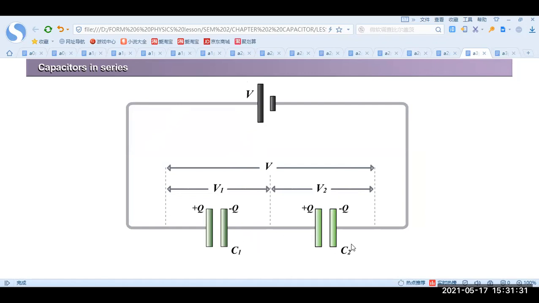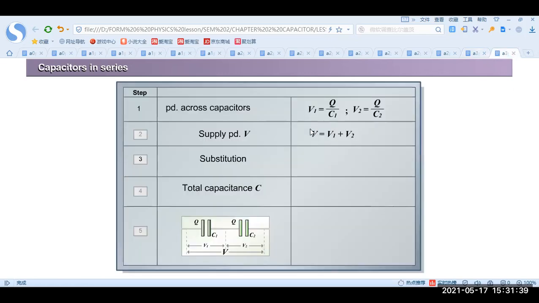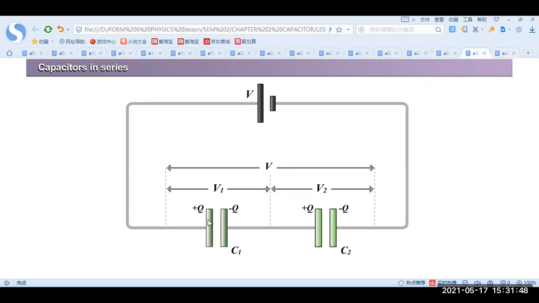If both of them have the same capacitance, then V1 will be equal to V2. So V is inversely proportional to C. The greater the C, the smaller the V.